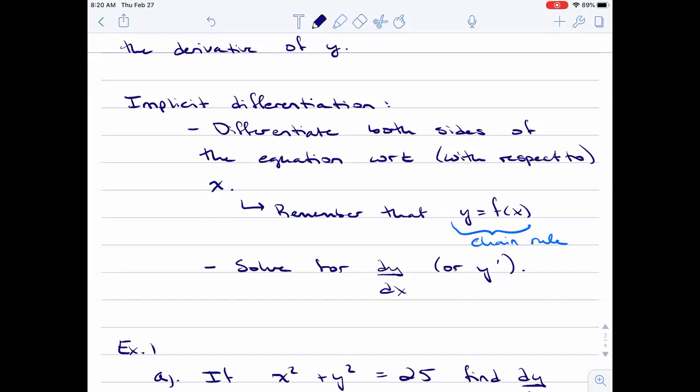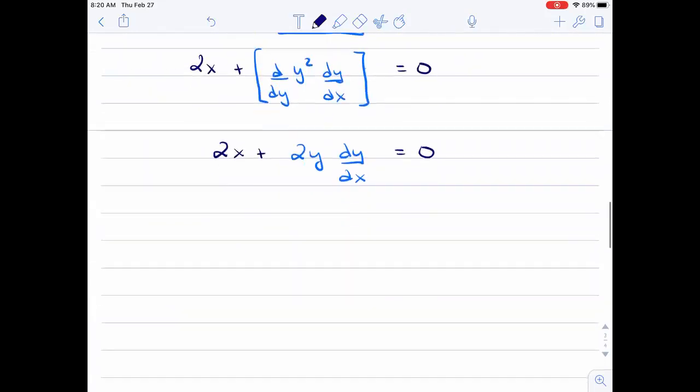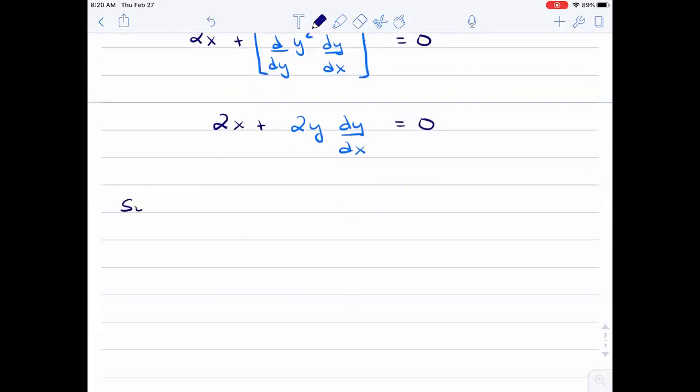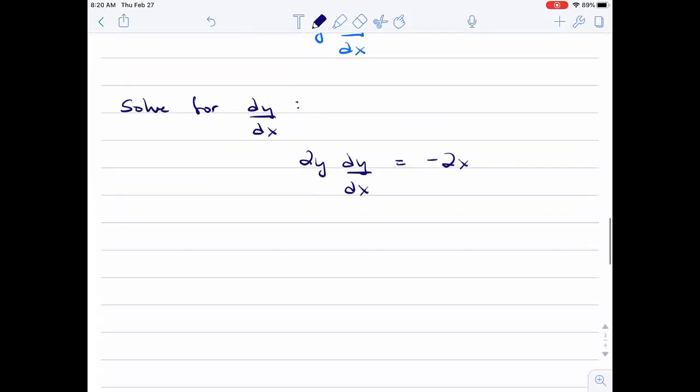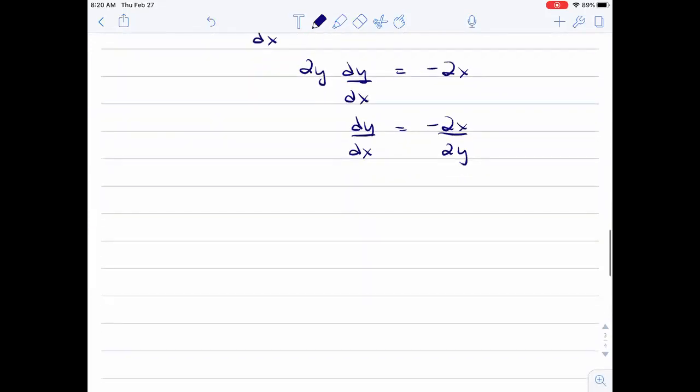So if we solve for dy dx, so now we can solve for dy dx. So I get 2y dy dx is negative 2x. So dy dx is negative 2x over 2y, which puts dy dx at negative x over y.